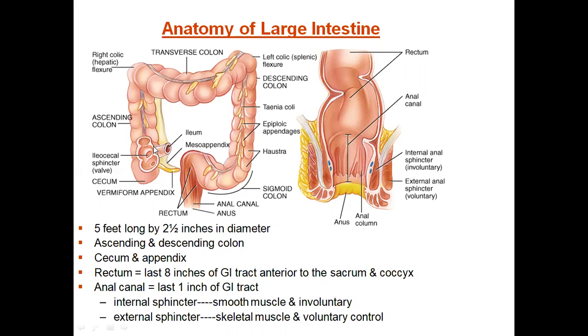As we mentioned last week, there is a valve that guides the movement of content from the small intestines into the large intestines. And that one is termed the ileocecal sphincter or ileocecal valve.